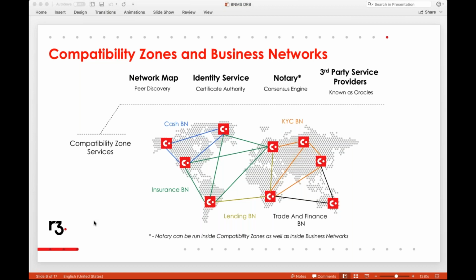But as you fairly mentioned, one of the things to be able to transact with each other is the common thing they would have to share, the Corda, for example, to transact some specific type of asset. But as well as the Corda, they have to follow some other set of rules which is defined by the business network.